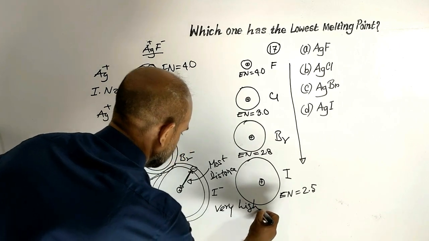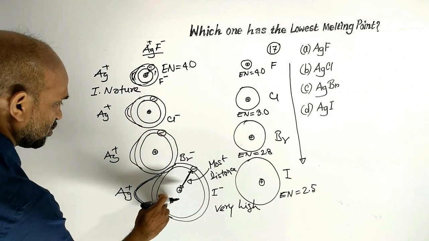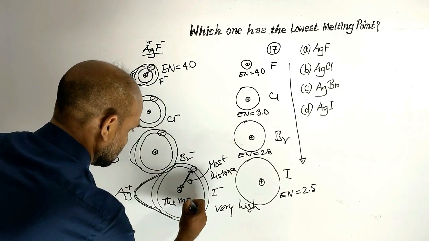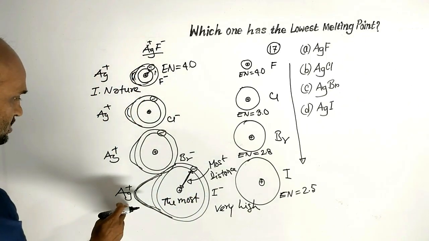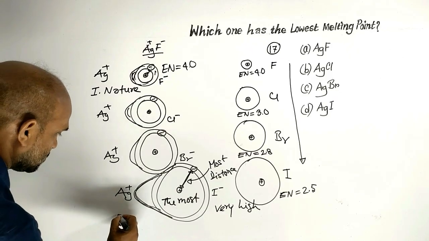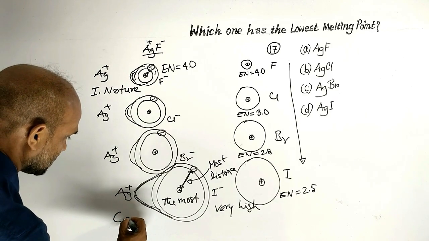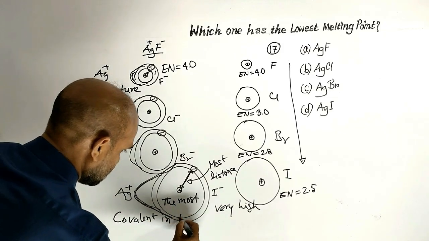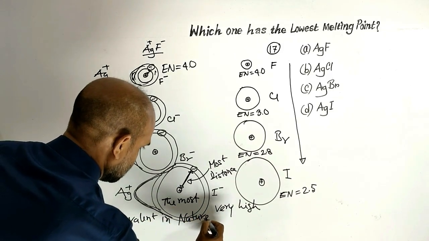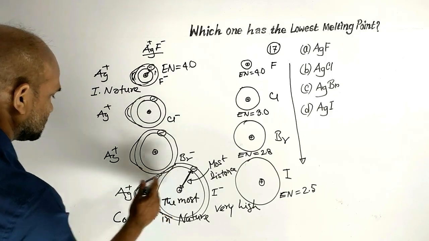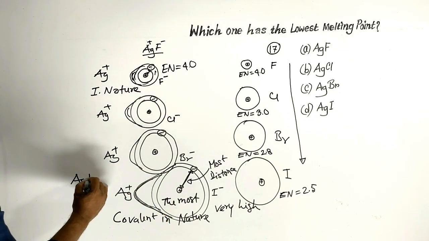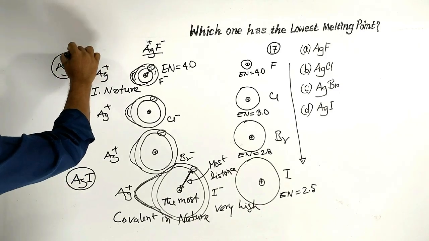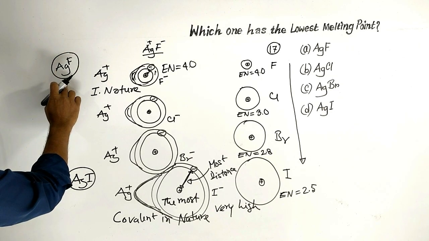That is, in the case of silver iodide, polarization occurs the most, and silver iodide turns into covalent in nature, while silver fluoride remains an ionic compound.